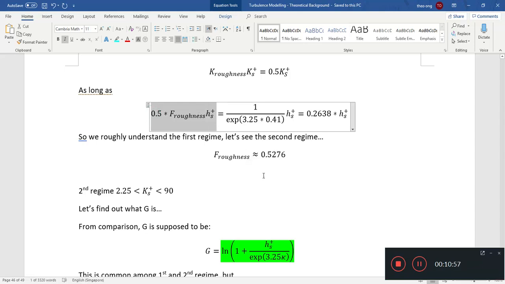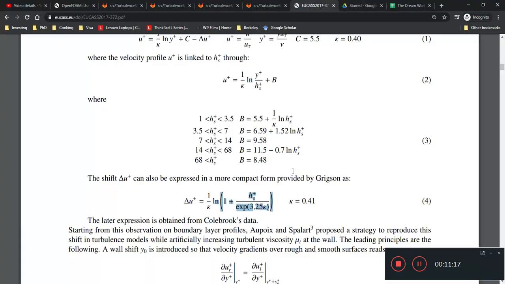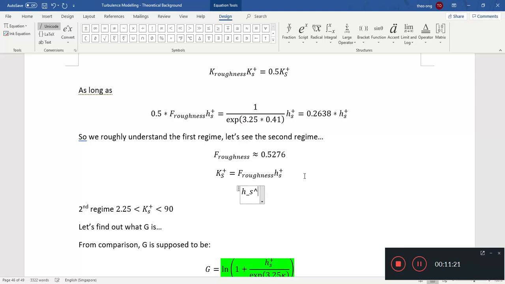So I will have 0.5 for F roughness. F roughness times Hs plus equals Ks plus. In other words, if I want to get Hs plus, I will just use Ks plus divided by F roughness.